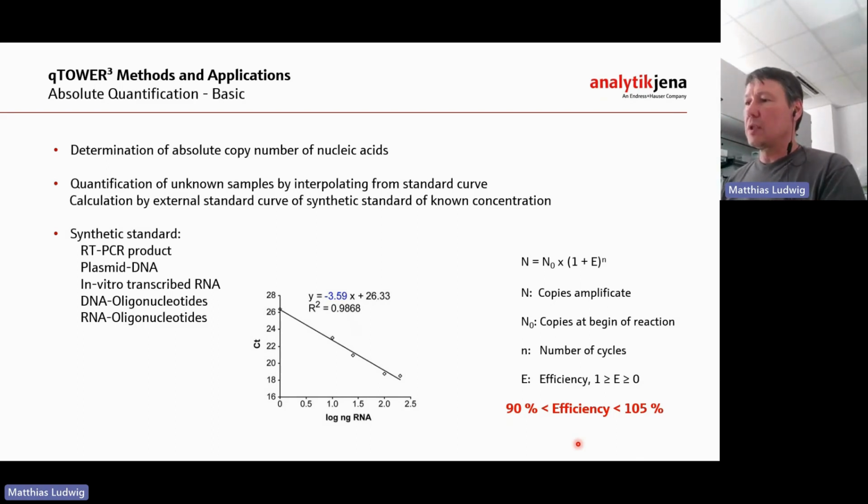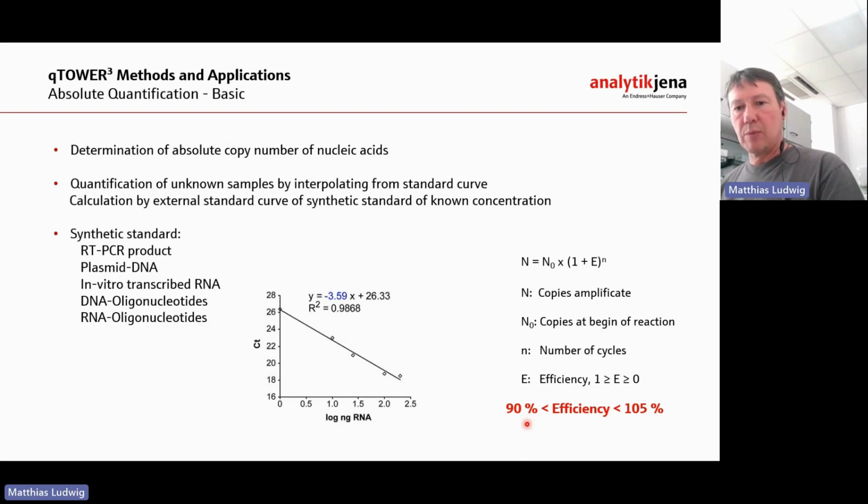A good efficiency is in a range between 90 and 105%. In principle, it's only a theoretical value, because more than 100% is in principle not possible, but this could come from the effects of rounding the numbers or the values.